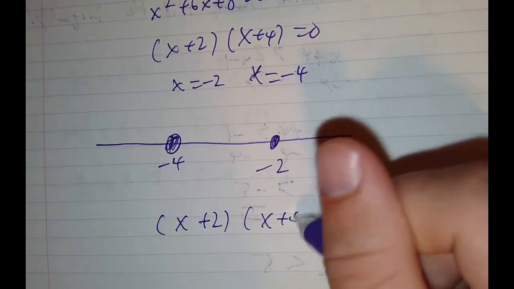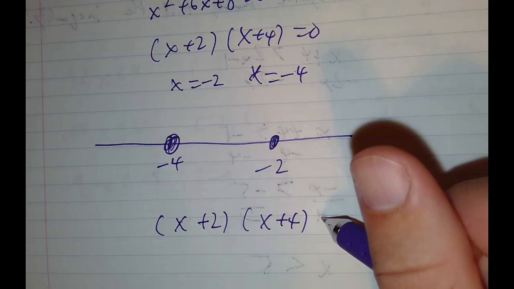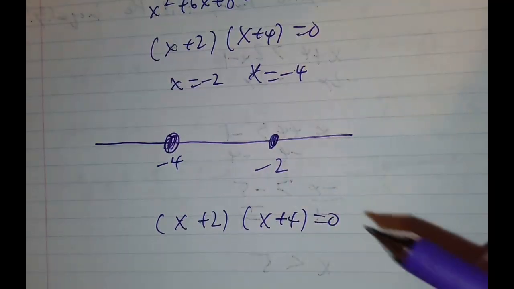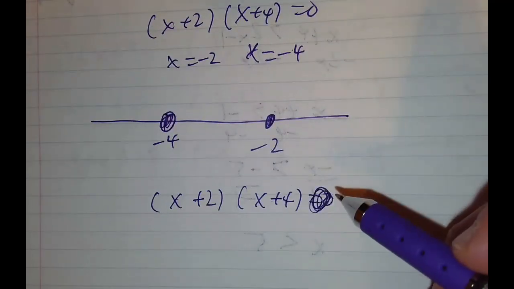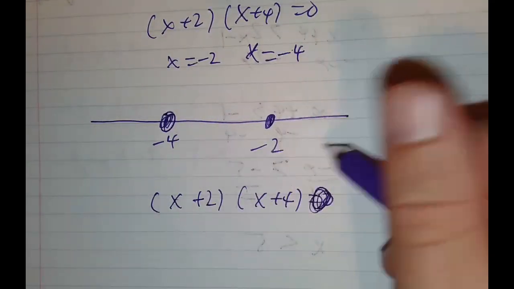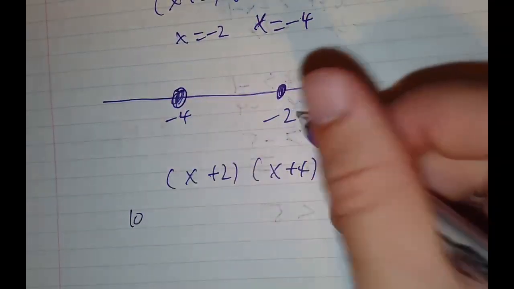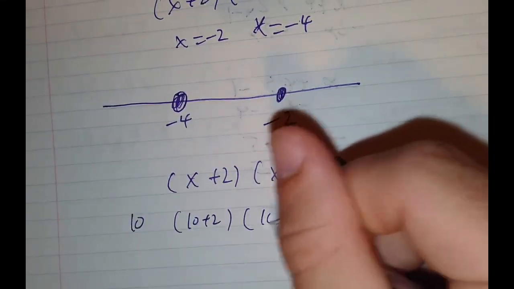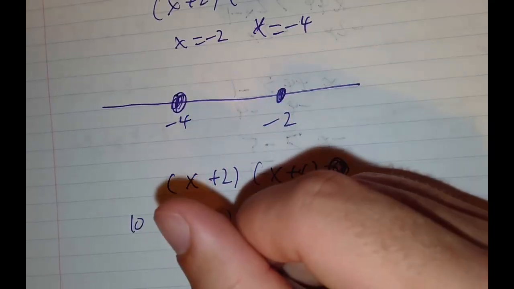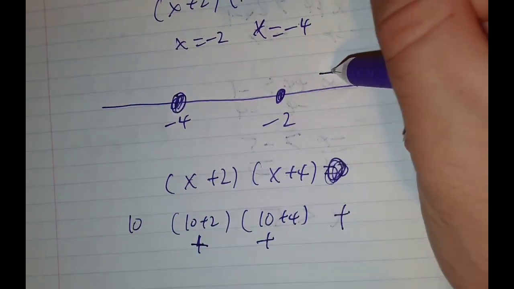What we're really saying here is that we want this to be less than or equal to 0, but we're actually not going to even put equal 0, we're just going to leave it like that. And we're going to test a point. So let's start with a point above. So 10 would be fine, right? So test 10. 10 is above -2. So you have 10 plus 2 and 10 plus 4. It's a positive, so it must be a positive number. So you put a plus here.